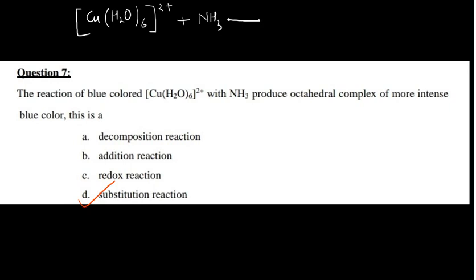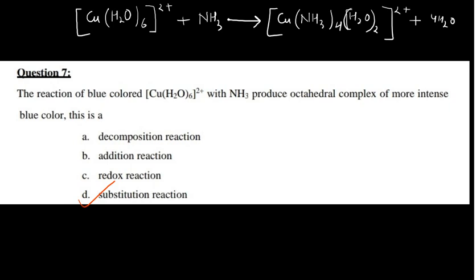This ammonia will substitute water molecules, 4 of the water molecules from there, and you will have [Cu(NH3)4(H2O)2]2+, copper in 2 positive, plus 4 H2O. This is the complex. This is an example of a substitution reaction, where 4 ammonia molecules substitute 4 water molecules. Now moving to the next problem.